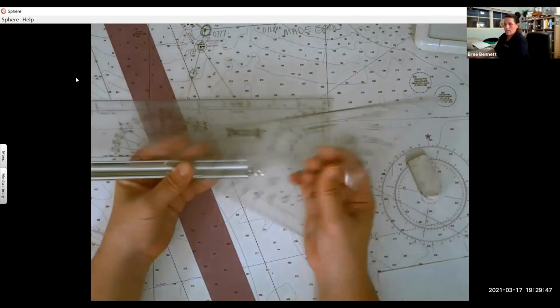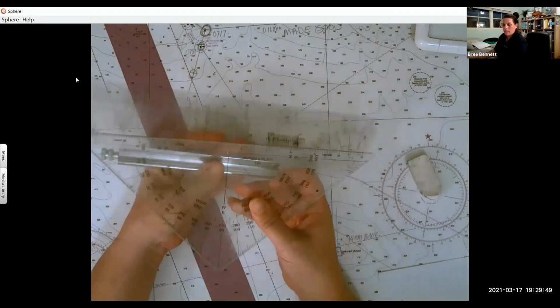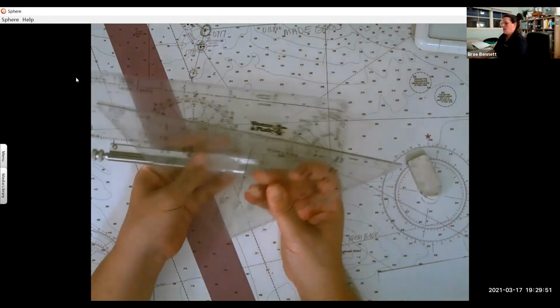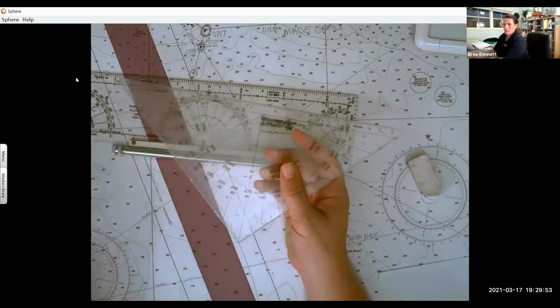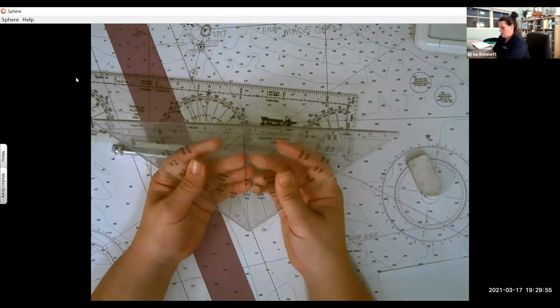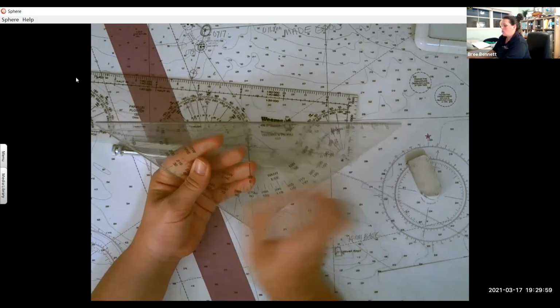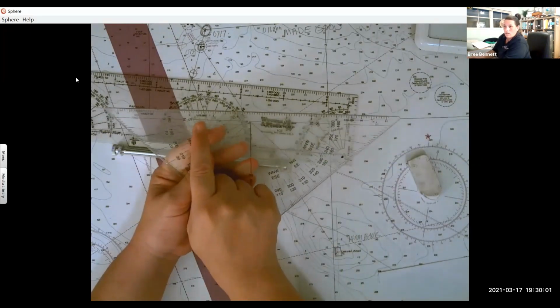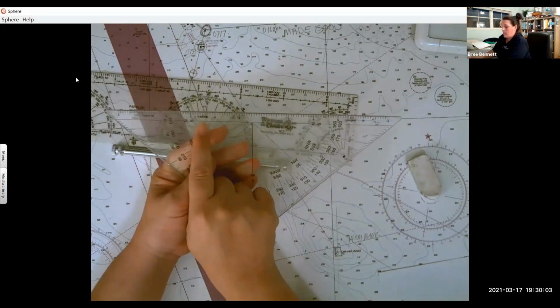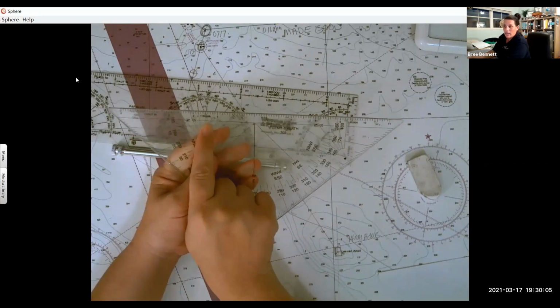you guys have a triangle or a roll plotter, right? There is a distance scale on our triangle roll plotter. This only works if you are in a 1 to 80,000 scale.